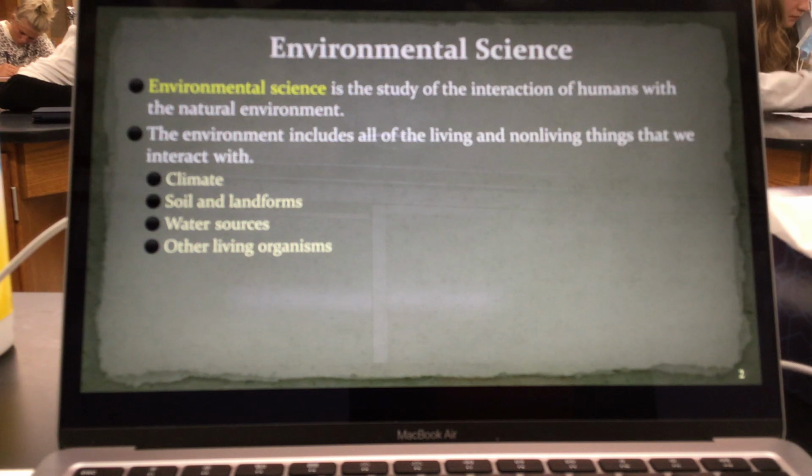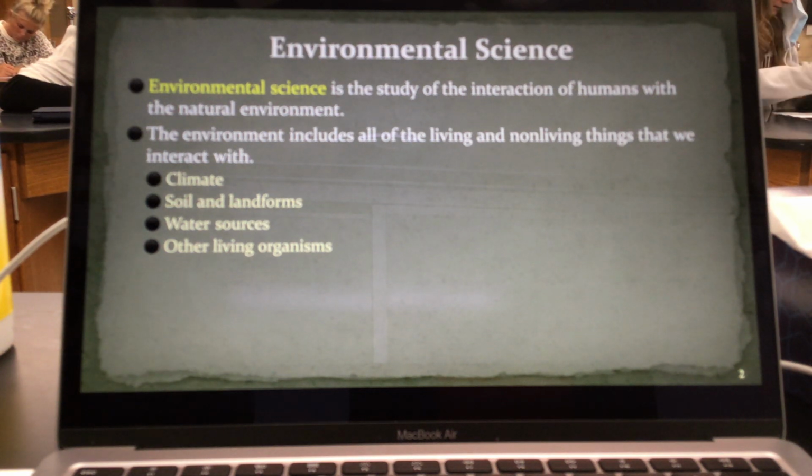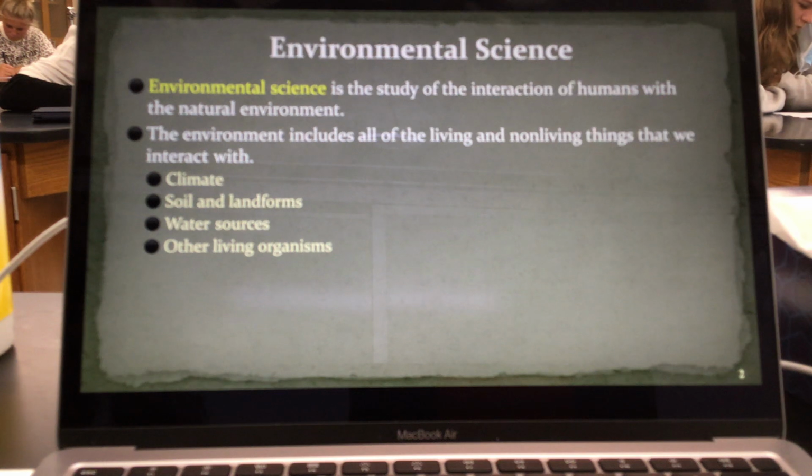Soil and landforms, okay, we have an impact, especially with us living in a rural community, dealing with farming.